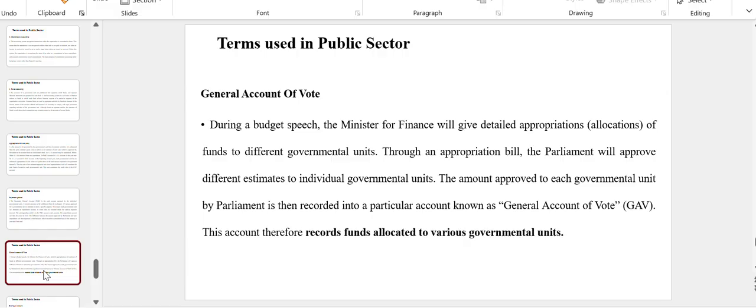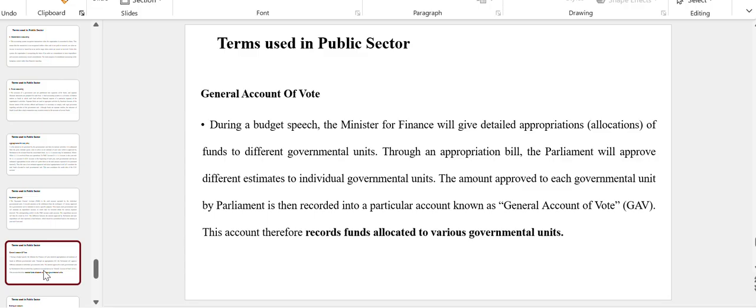And then now we have what we call GAV, General Account of Vote. I've mentioned to you that in every fiscal year, in the month of June or July, I can't remember, in Kenya and in East Africa, the CS in charge of finance is required to read to the members of the public in parliament the various allocations, or what we call appropriation, to different governmental units, to universities, to judiciary, to parliament, to county government, and so on and so on.